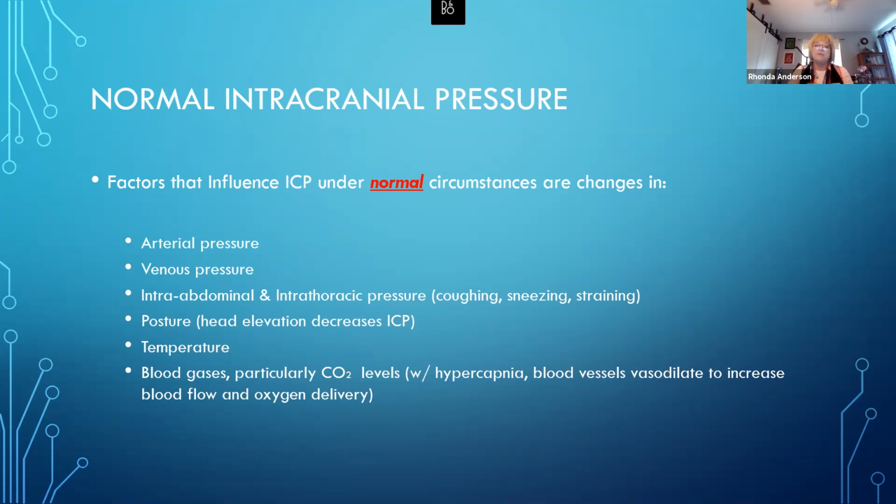So it can adapt, but once the mean arterial blood pressure falls below 70 or goes above 150, then we lose that ability to do some of that auto-regulation.